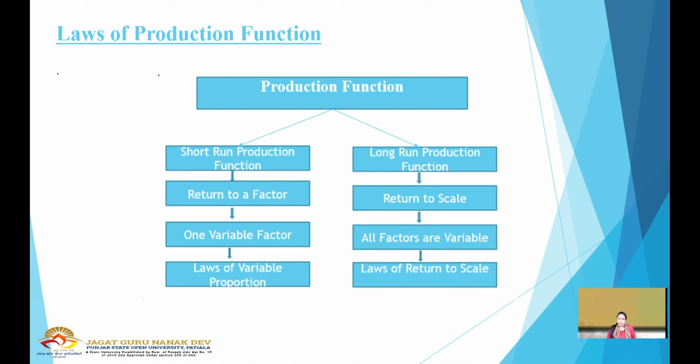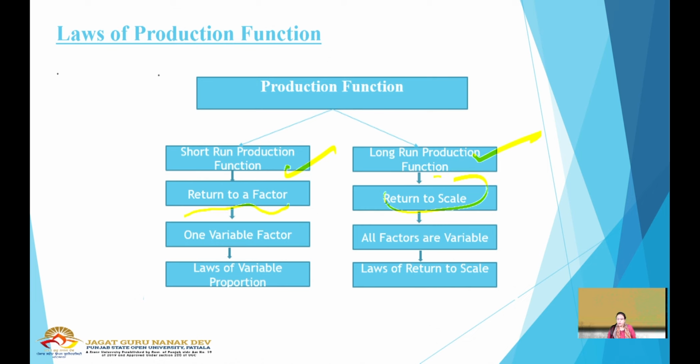Next is the law of production function. There are mainly two types of production functions: the short run production function and the long run production function. The short run production function has returns to factor, and the long run has returns to scale. In case of returns to factor, there is only one variable factor.